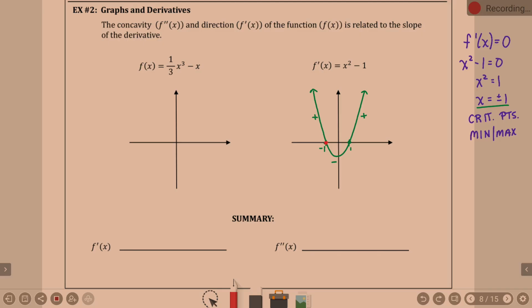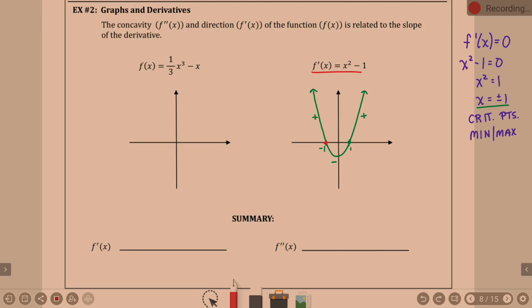A point of inflection? Well, remember we're talking first derivative here. It goes from positive to negative.